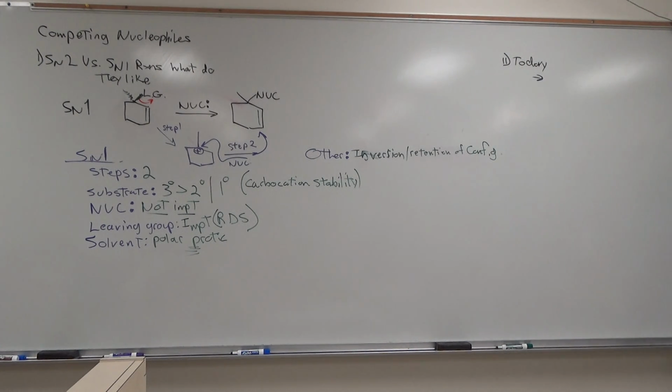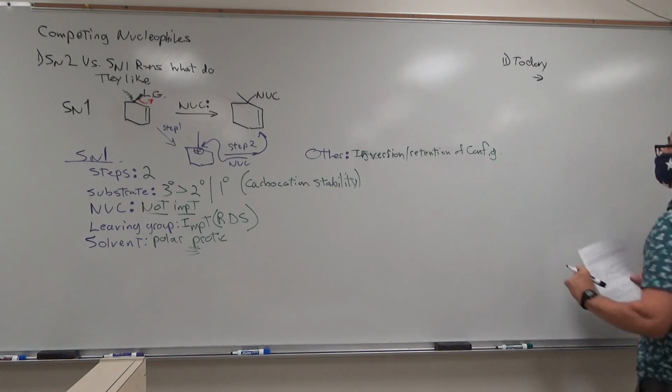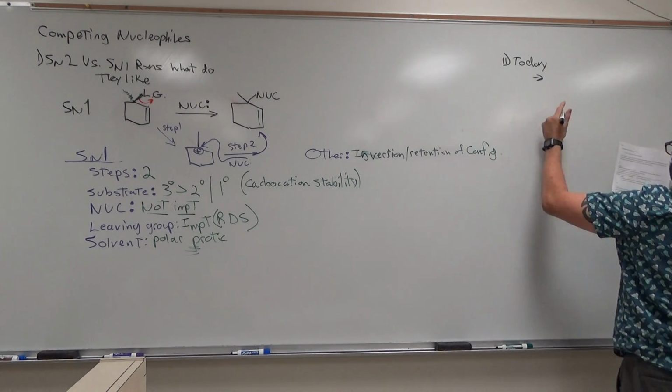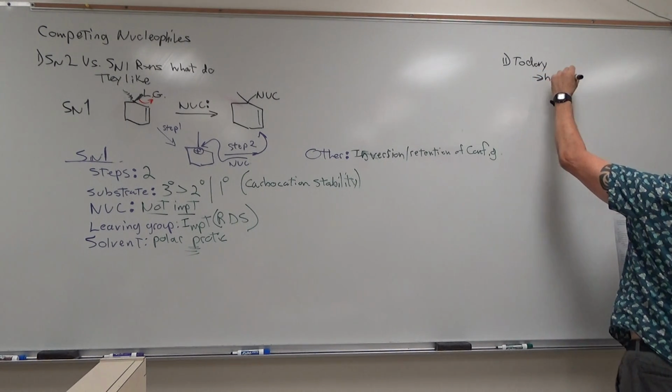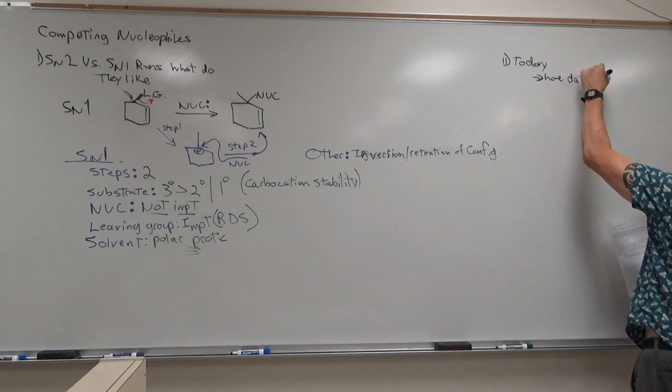You're going to have just a data partner. That's the only reason you need a partner, because there's going to be two different reagents. One's going to do one, one's going to do the other, just like last time.